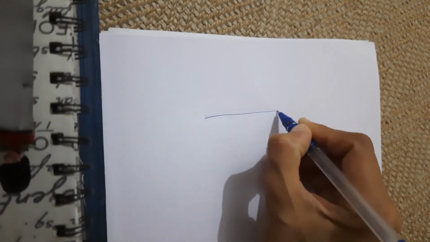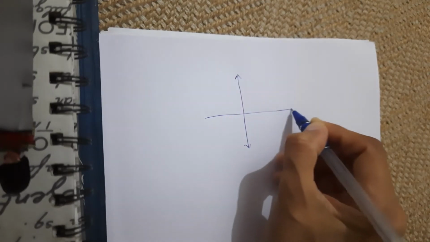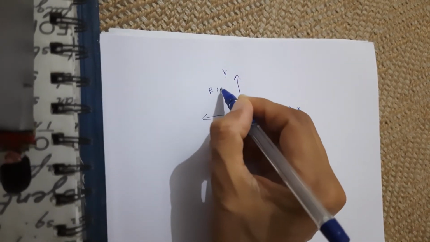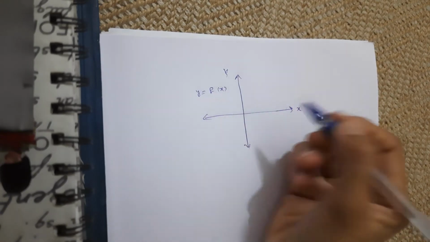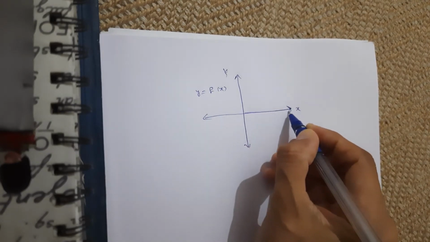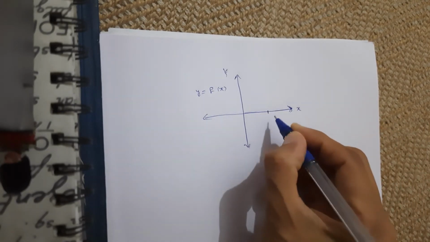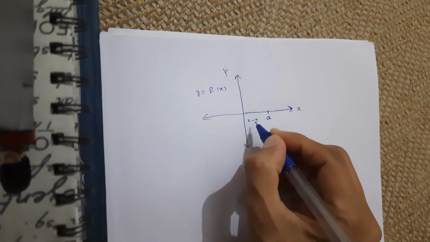So here suppose we have the x-axis and that is our y-axis. So here I have x and here I have y, or f of x, because we write y equals f of x. So this is the f of x value. Now suppose here is A, and x is approaching A from this side.